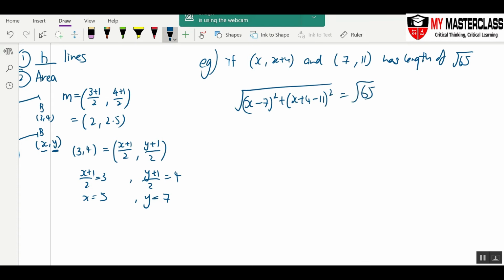What I'm trying to tell you is that when you have square root on both sides, you can take away the square root. Equals 65, and then go on and find out what your x is. If you have x and y, then there will be two unknowns, so you need to solve simultaneous equations to get it. We'll see what examples there are to follow.